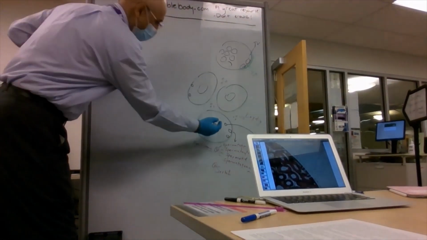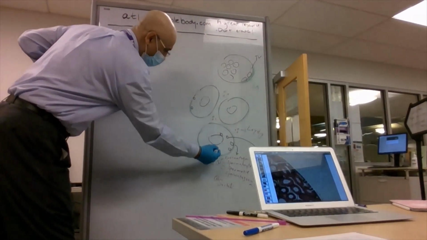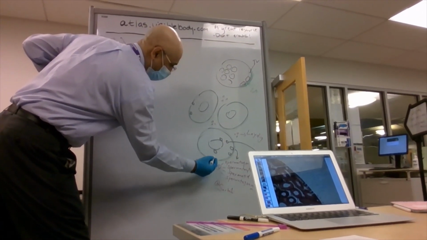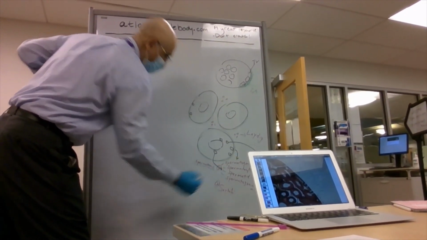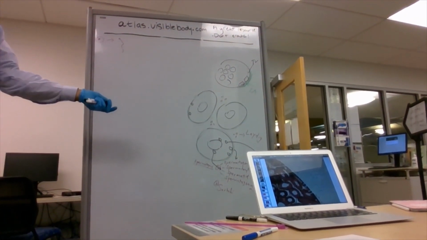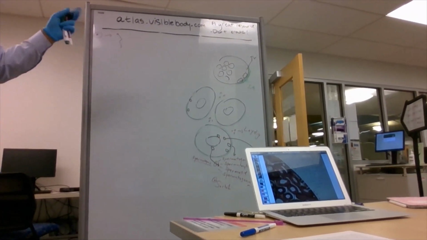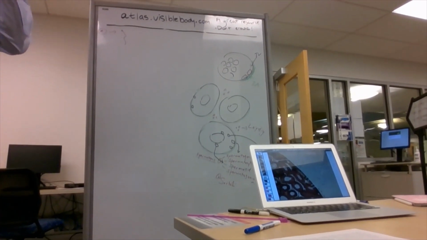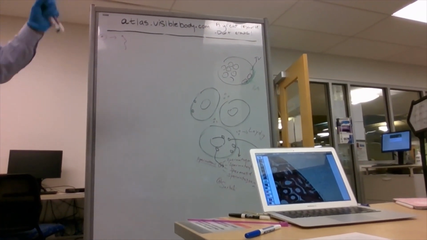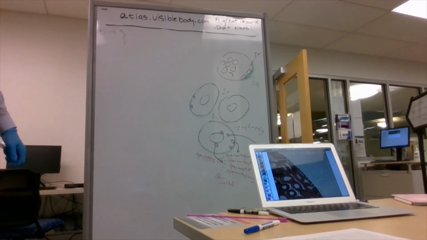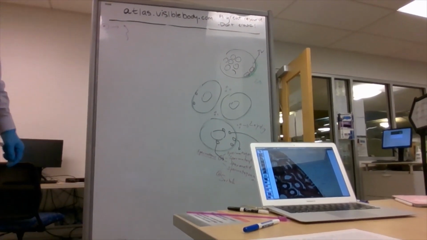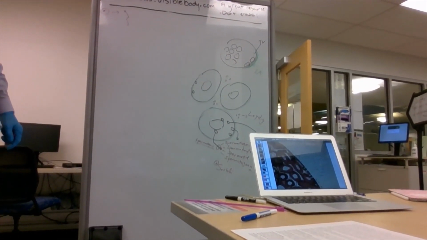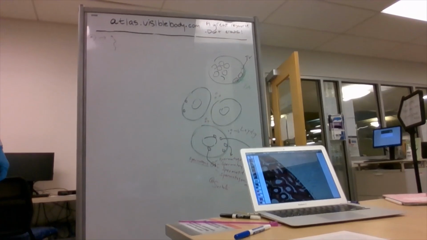And if you see a round structure close to the lumen, what do you call that? Spermatid. So it's pretty easy. How do you differentiate the 3, guys? If you see a round cell close to the basement membrane, you call it what? Spermatogonium. It's all written here. If you see a round cell in the middle of the seminiferous tubule, what do you call it? Spermatocyte. And if you see a round cell close to the lumen, you call it what?